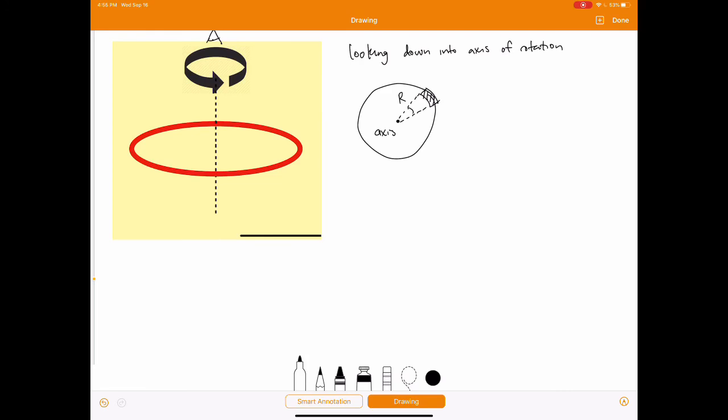But the angle that this mass element spans, this angle right here, I'm going to call that d phi. And of course, this is our mass element dm. So the mass element dm spans an angle d phi. So this is how I'll set things up to do the integral.